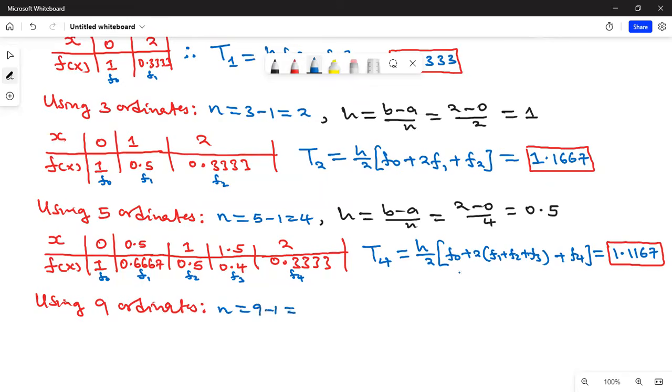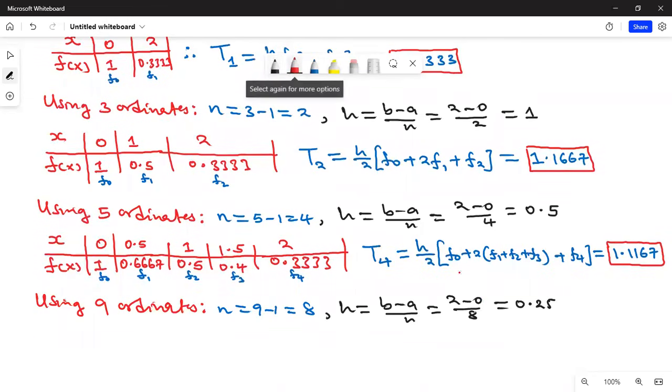And so that is 8 subdivisions. So you can now find h. That's our step size. That is b minus a over n. That's 2 minus 0 over 8. 2 over 8 is 0.25. Our new step size.